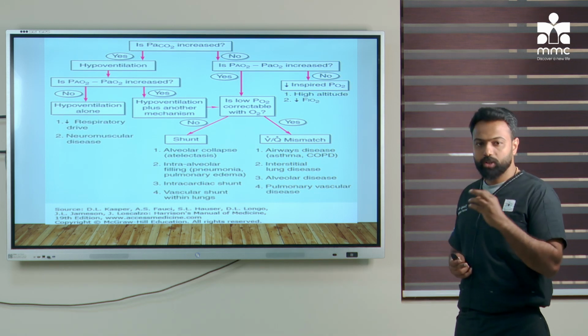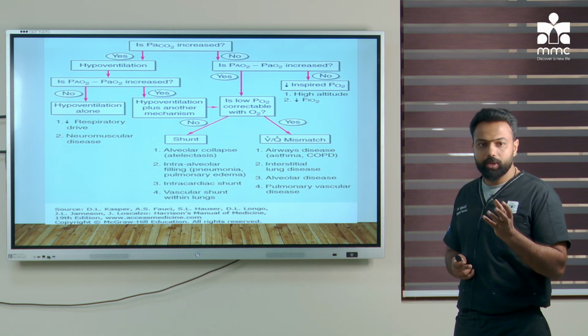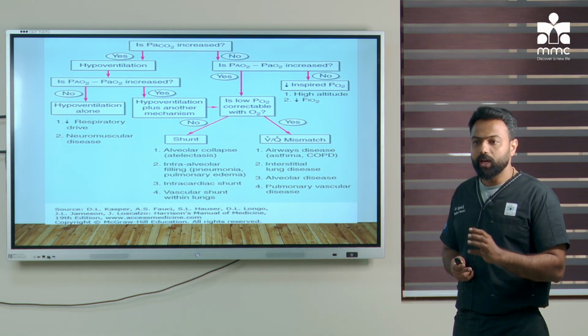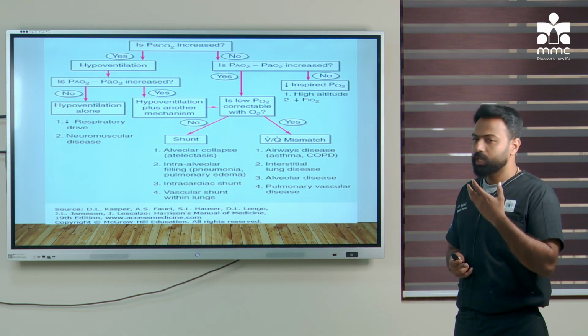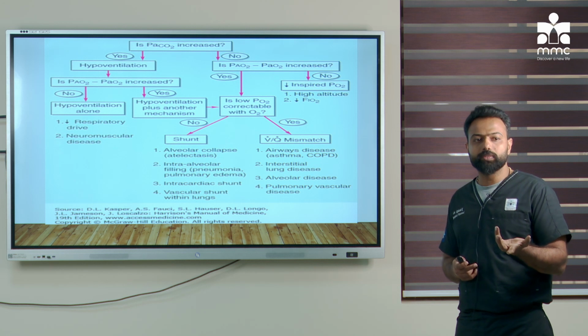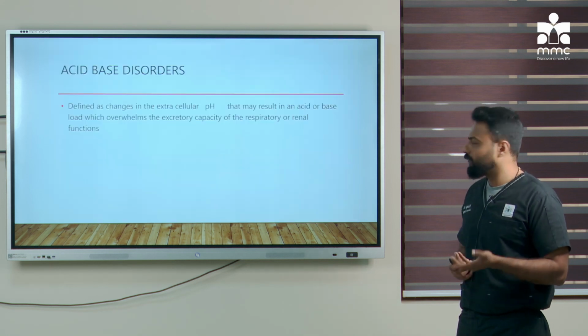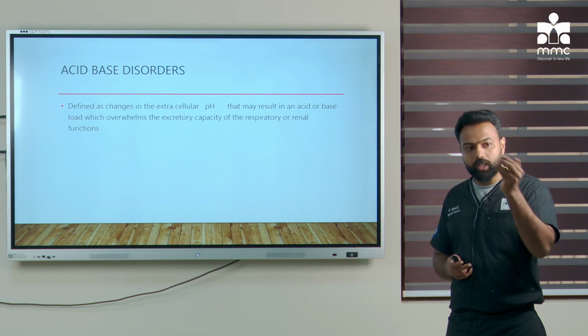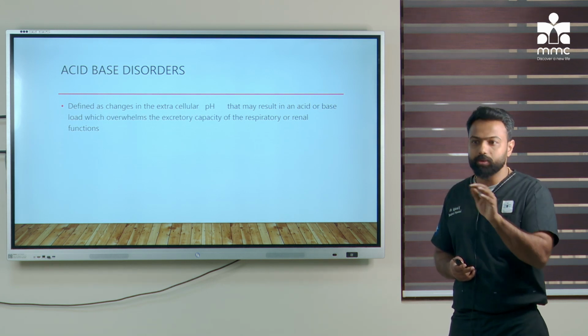If it is normal, it is only hypoventilation; the patient does not have adequate respiratory drive. That could be the cause of hypoventilation in this patient. I just gave that slide to show the other applications of ABG and how you narrow down your diagnosis.